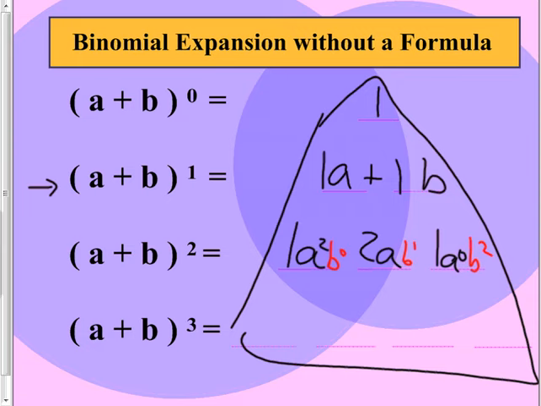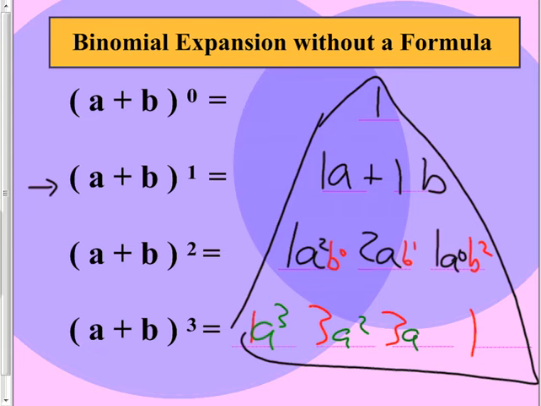Mr. PA in the back row, what are the coefficients? 1, 3, 3, 1. Excellent. Let's pick a random person to do the A's for me. Row 6, person 2. Yep. A cubed and then A squared.